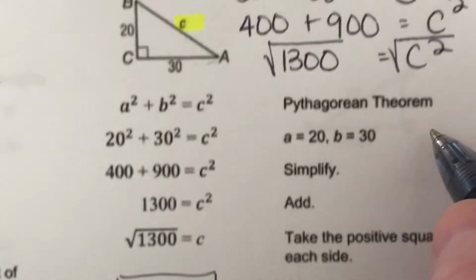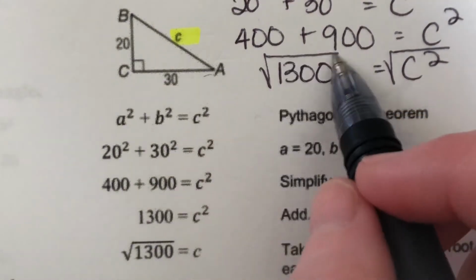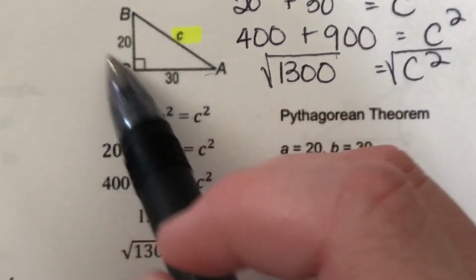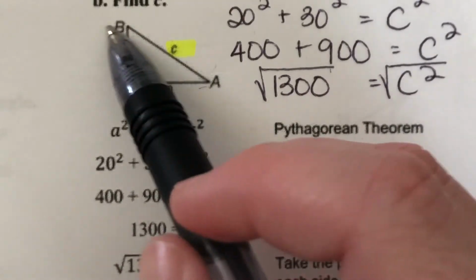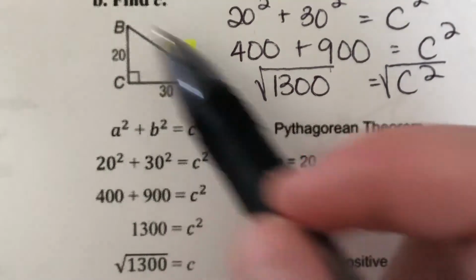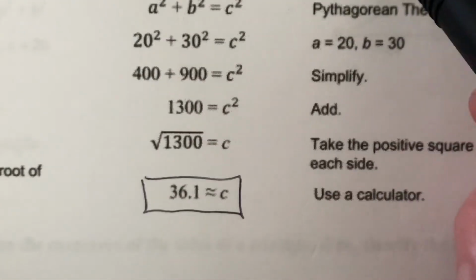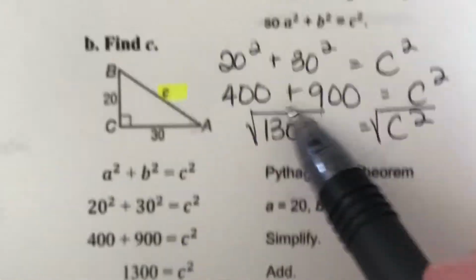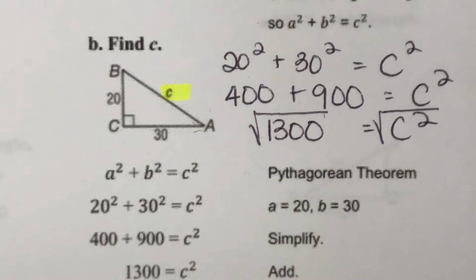Okay, now typically we don't like to estimate. We want to keep things as accurate as possible. But when a number is referring to the size of a part of a shape, so the length of a side of a triangle, we do want to get a good feel for how long that is. So we are going to change it from the square root of 1,300, right? If somebody said, your little brother is the square root of 1,300 inches tall, you're going to be like, huh?